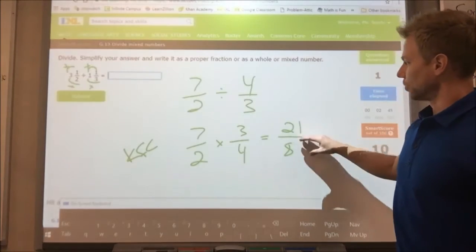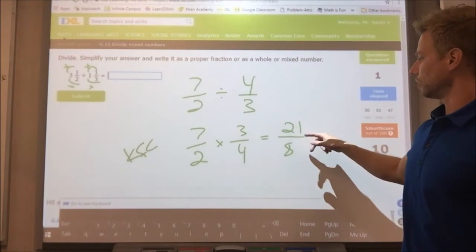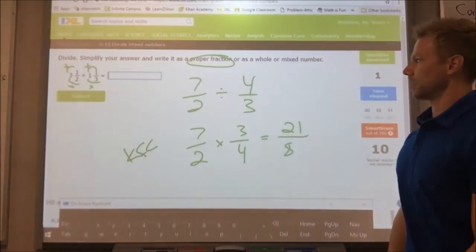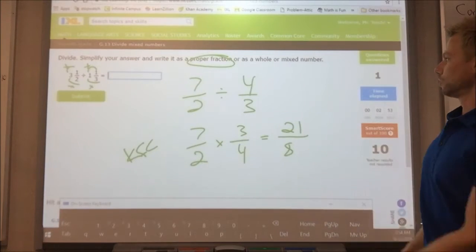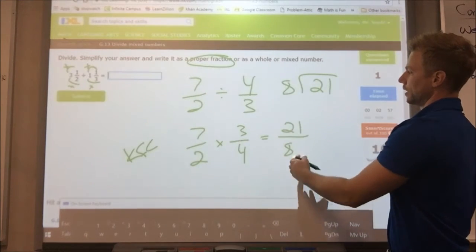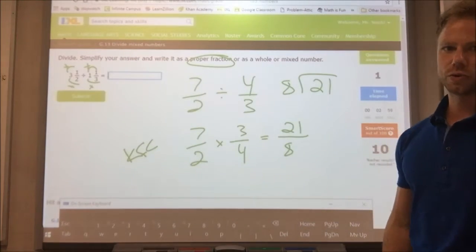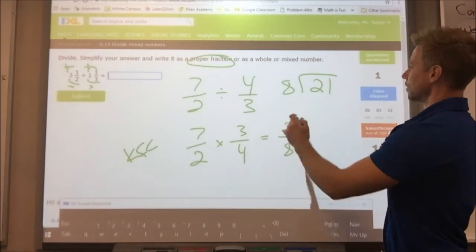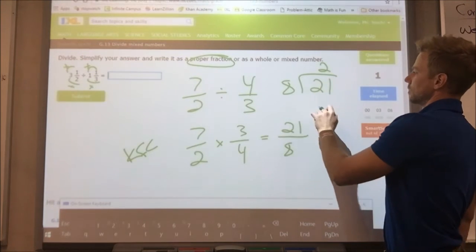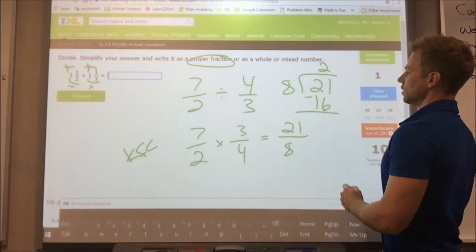I have to see if I can reduce this. There's nothing I can reduce, but it says I need to answer as a proper fraction. So I have to do some long division here. I need to do the top number divided by the bottom number to change it into a mixed number, so it's not improper. 8 goes into 21 2 times evenly, which gives us 16.